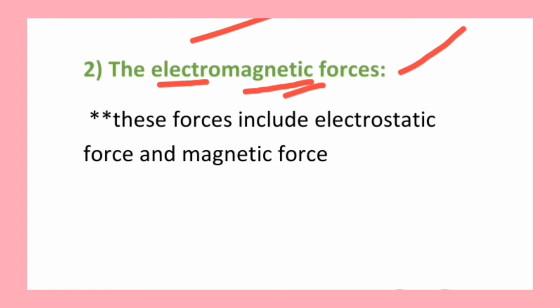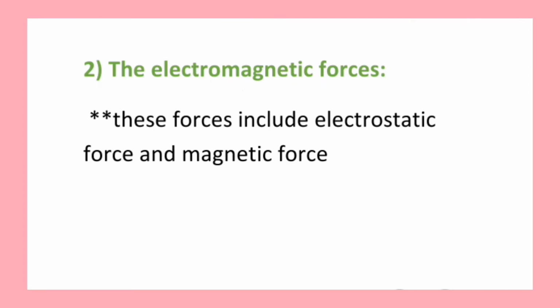These forces are not independent phenomena, meaning they are related to one another. A moving charge produces a magnetic field, while a charged particle moving in a magnetic field experiences a force. Thus the electric force and the magnetic force are two aspects of electromagnetic forces.